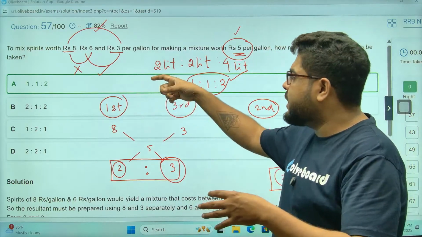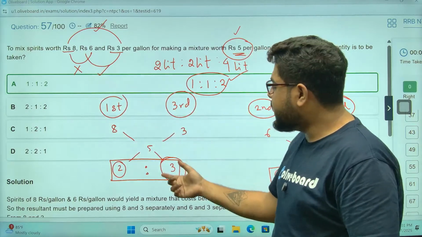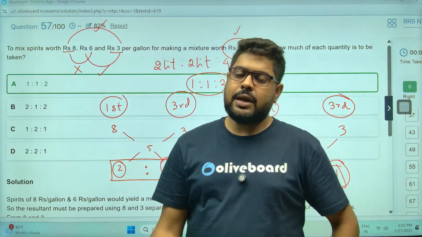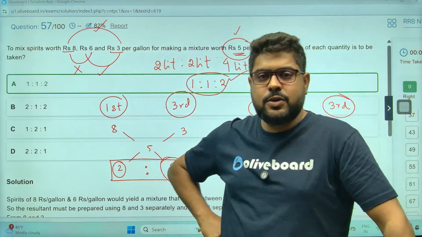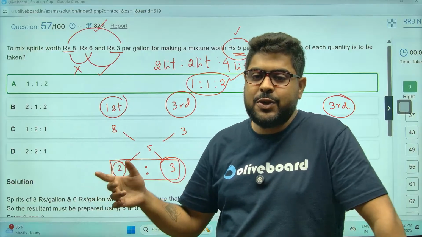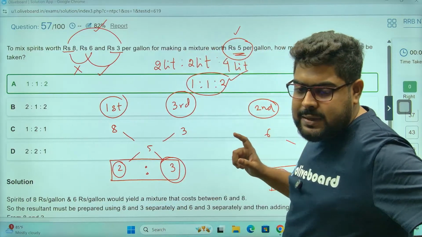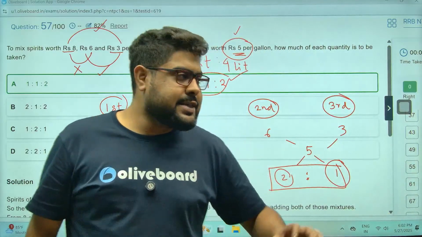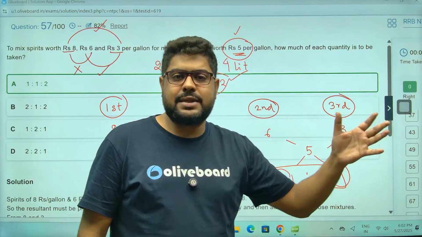I've taken container 1 and 3, 2 liters out of container 1, 3 liters out of container 3. Now I see this ratio is not matching. So what will I do to match that ratio? I will take the second container, that is second and third, the second alligation, and this will now balance things. This I'll use to balance the ratio.